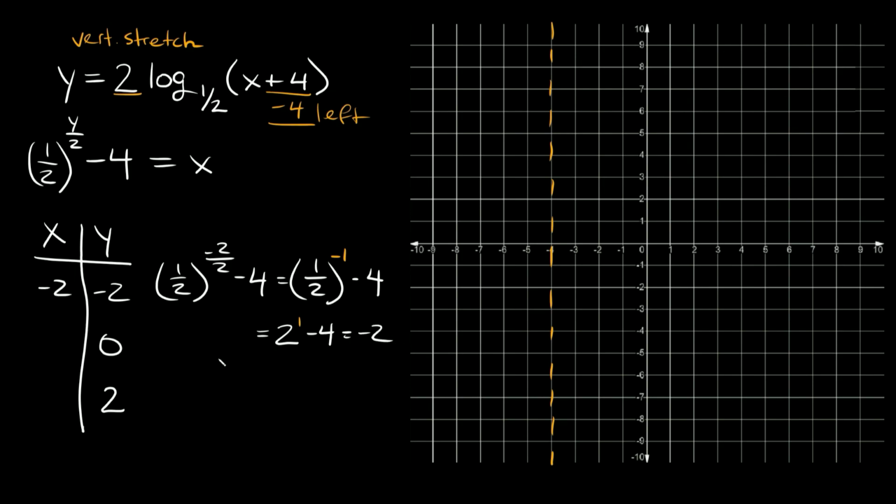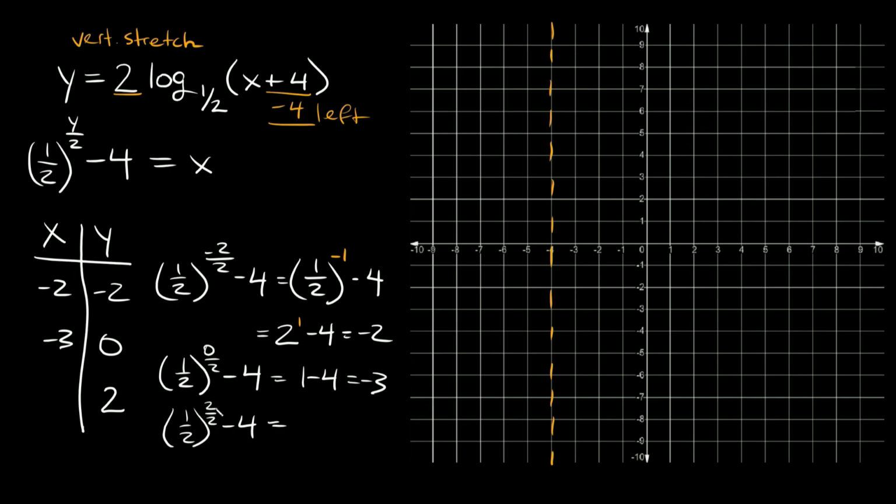Now let's plug in a 0. So here we'll get 1/2 raised to the 0 over 2 minus 4. 0 over 2, that's equal to just 0, and anything raised to the 0 power is just equal to 1, right? So then this is all equal to 1 minus 4, which is -3. All right, and then lastly, if we plug in a 2, we'll get 1/2 raised to the 2 over 2 minus 4.